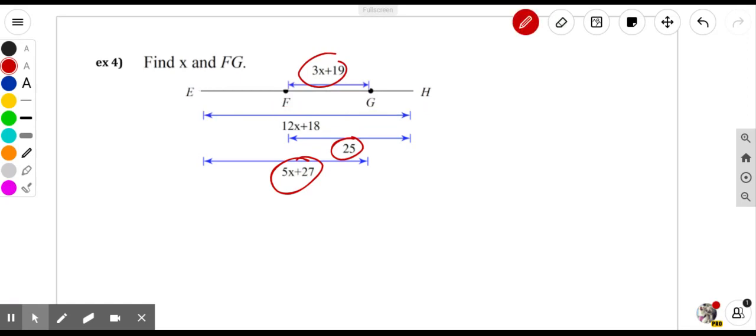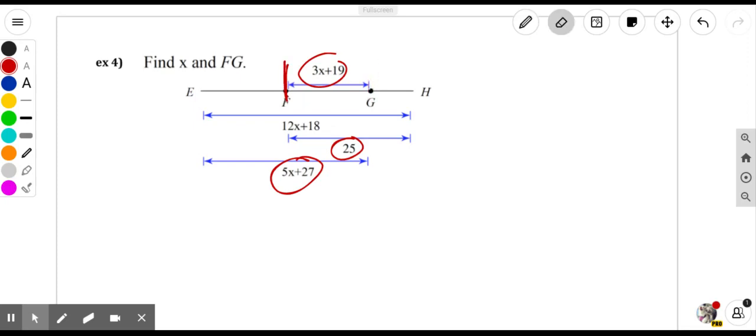We have 5x plus 27 is from E to G. So from E to G is 5x plus 27. 25 represents F, H. And then this 3x plus 19 represents F, G.